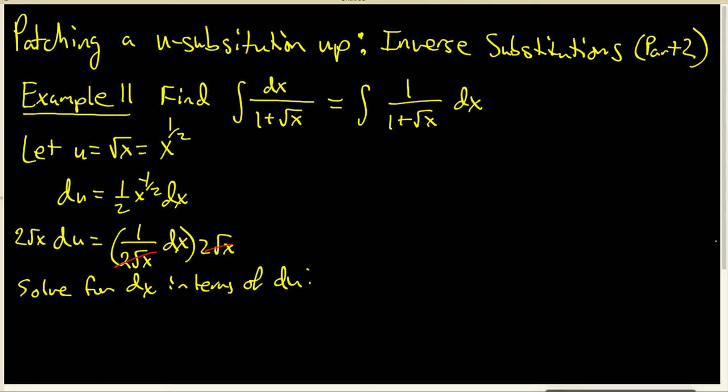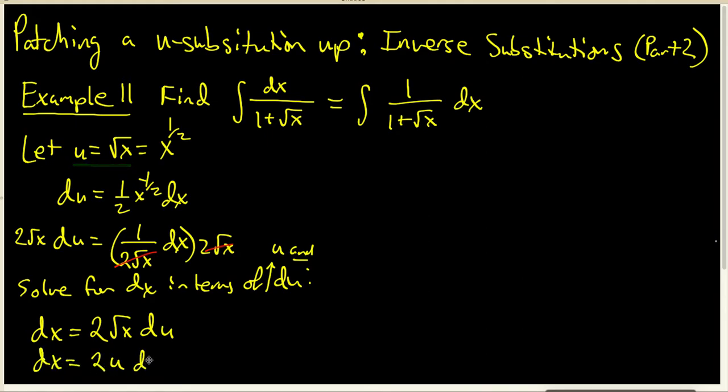In other words, what I've got right now is that dx can be written as 2 square root of x times du. But I would really like to have dx in terms of u and du. I happen to already know that the square root of x is just another name for u. So I can rewrite this as dx is equal to 2u du.